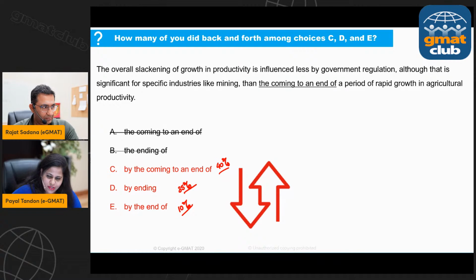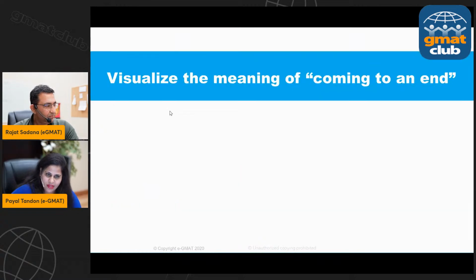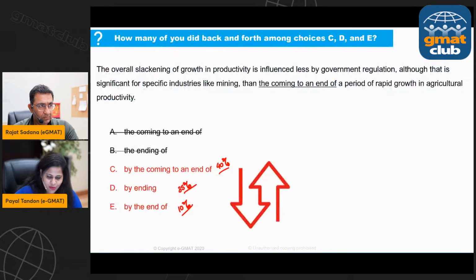Now I want you to think about coming to an end. What does coming to an end mean? I want you to visualize its meaning, because that's a very important skill. One big reason you ended up going back and forth among these choices was that when you read the sentence the first time, you outrightly rejected coming to an end, thinking it's weirdly constructed: in no universe can this be the correct answer.